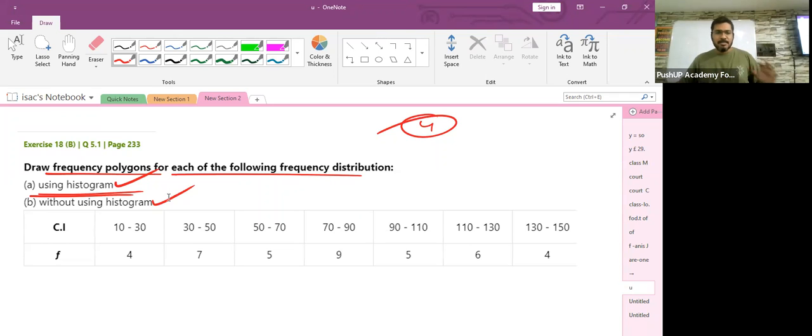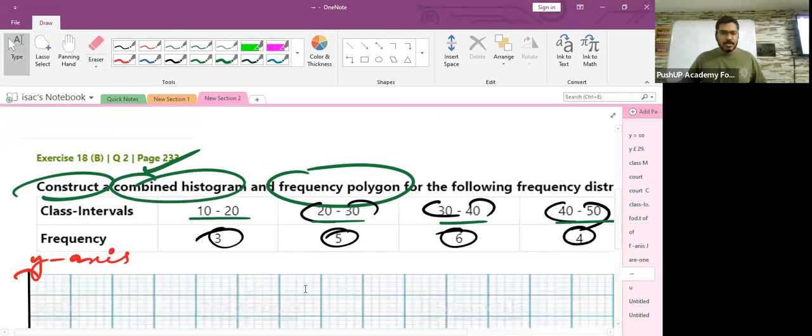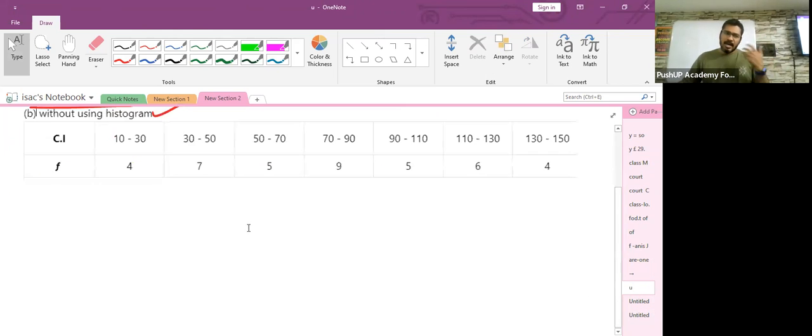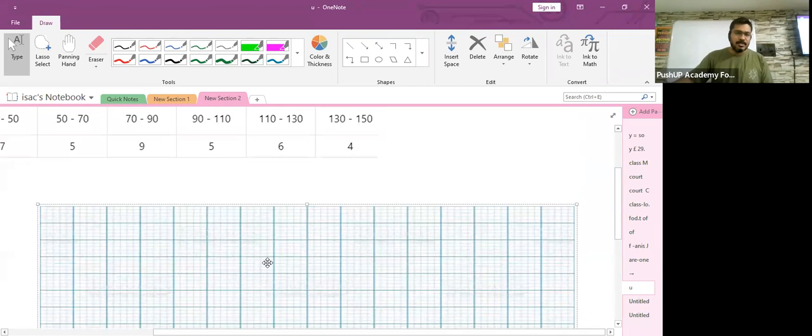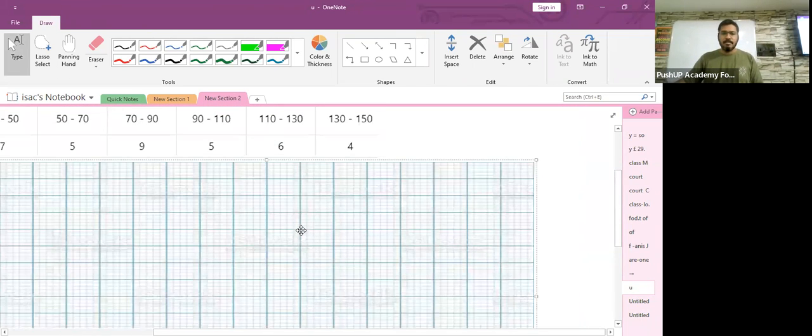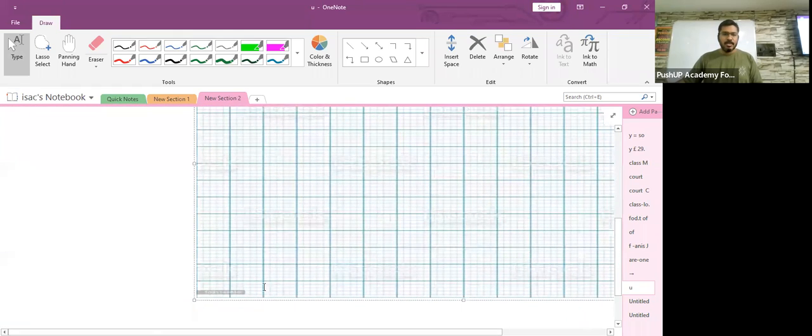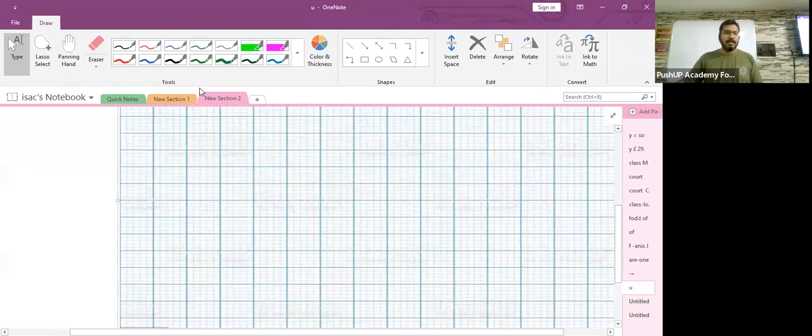Okay. If you want some support, I can do it for you, children. And those students who are really confident, I know how to do this, they can start drawing the histogram along with the frequency polygon. Those students who need my help, they can look here.